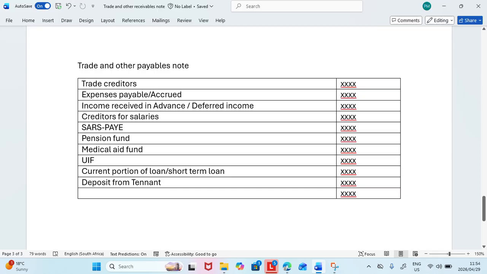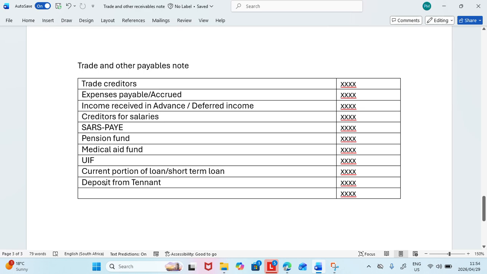We add SARS payee, amount that is owed to SARS. We add pension fund from salaries owed to employees, medical aid and UIF from the salaries owed to employees. Then we add as well the current portion of the loan deposit from tenant.